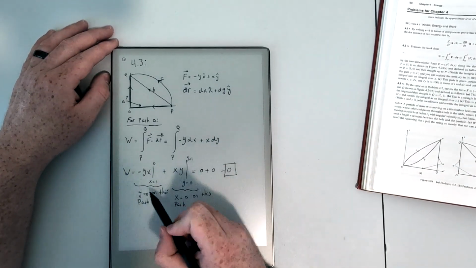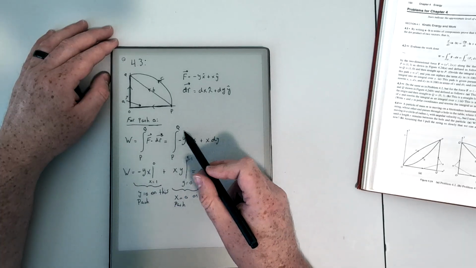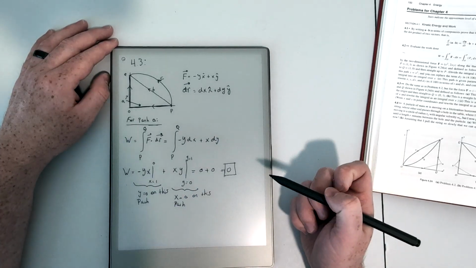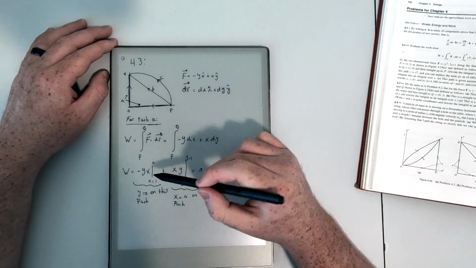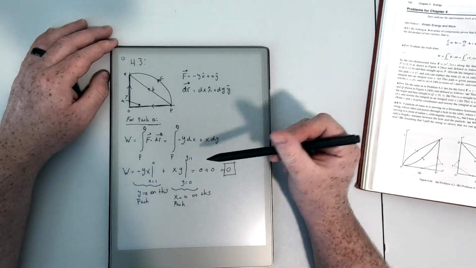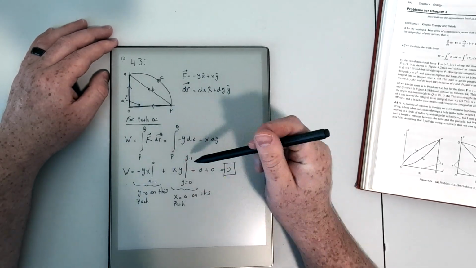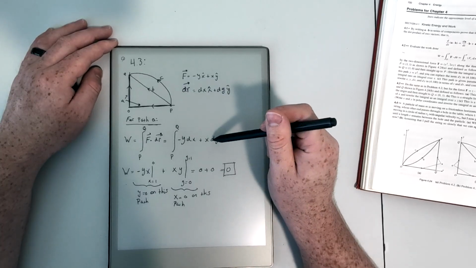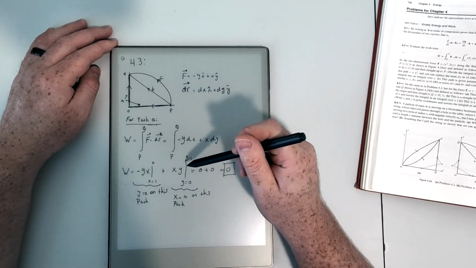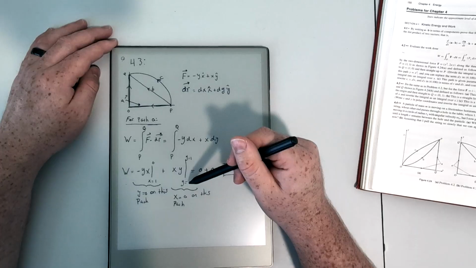If you do this integral, y is constant along this path. So you just get minus yx evaluated from 1 to 0. And then for the second integral, x is constant. So you get xy evaluated from y equals 0 to 1.